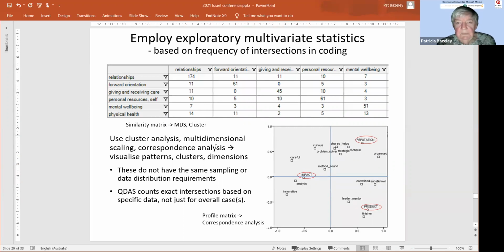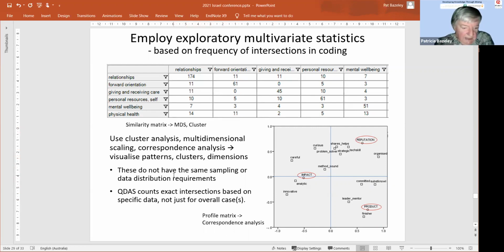And the other thing is that you can do some of these kinds of analyses from a case by variable table, but if you can use qualitative data analysis software and generate from it a similarity matrix or a profile matrix that's based on actual intersections, based on specific elements of the data and not just the overall case.